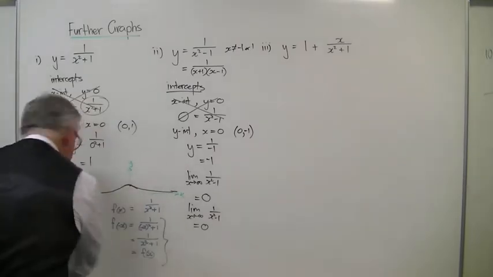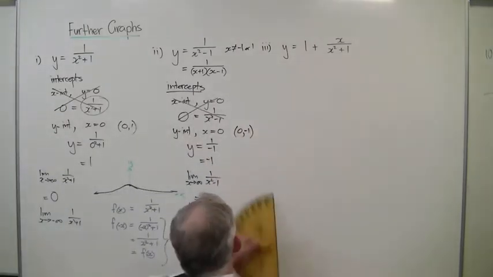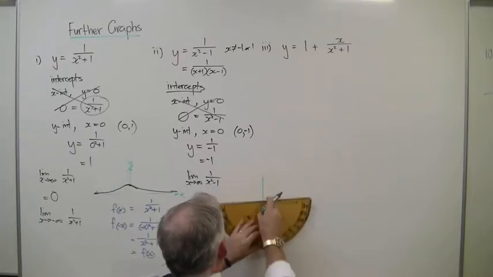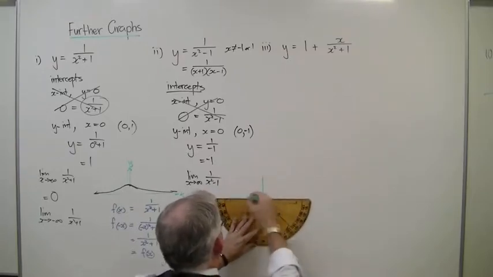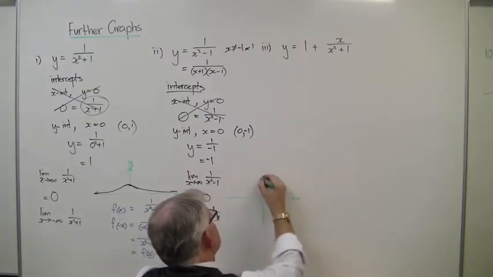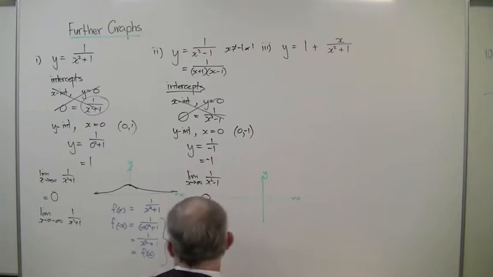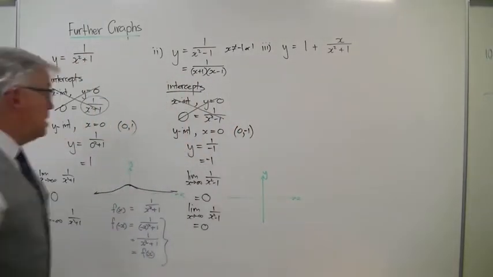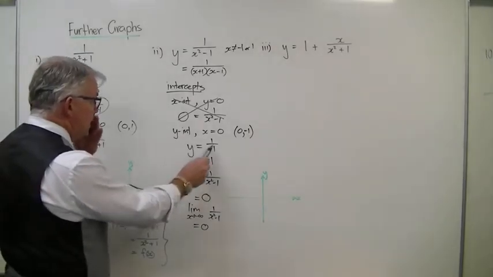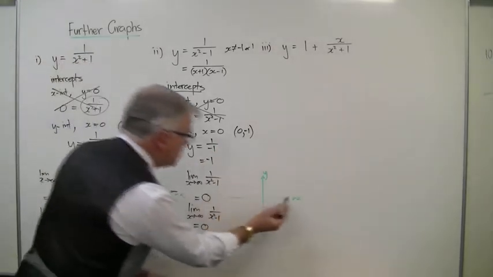So if we have a crack at drawing a little bit of a sketch on this one, right, we have our axes. There's the x-axis, there's the y-axis. What did we say? It crosses the y-axis at this point when x is 0, minus 1.